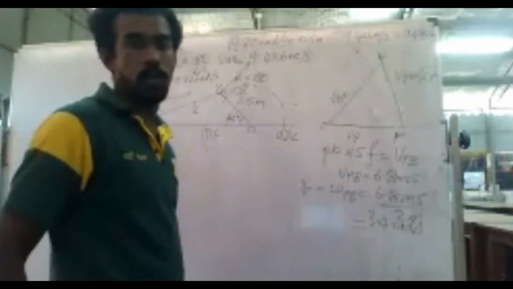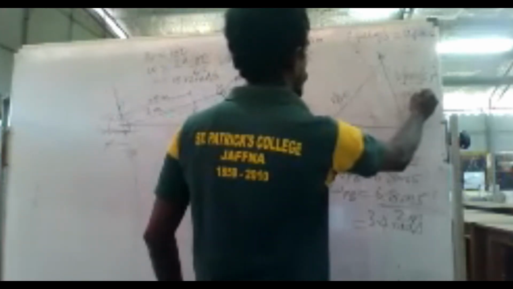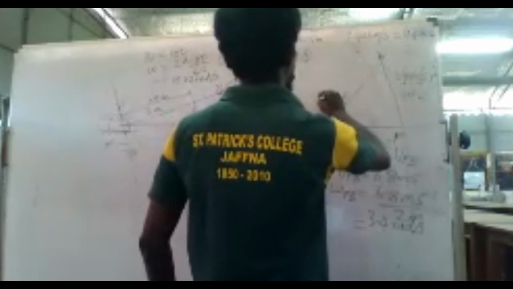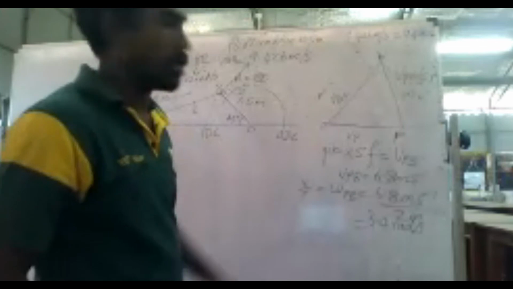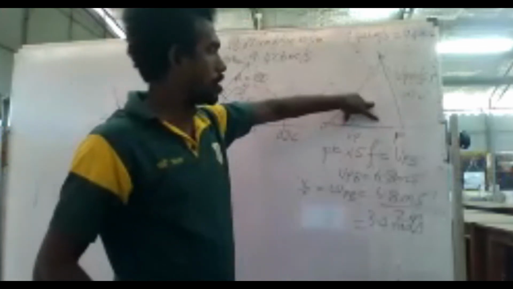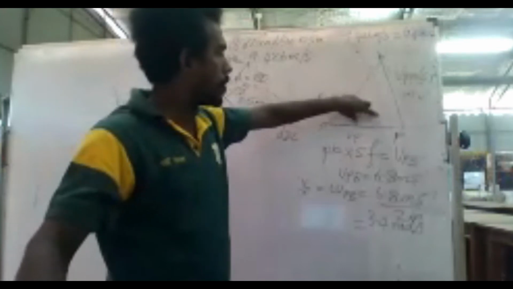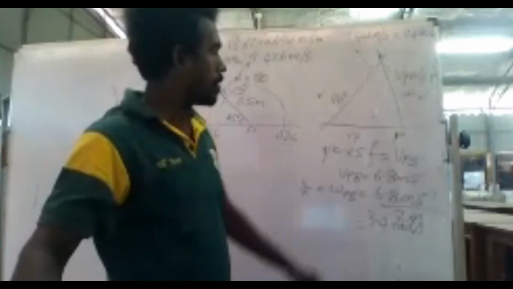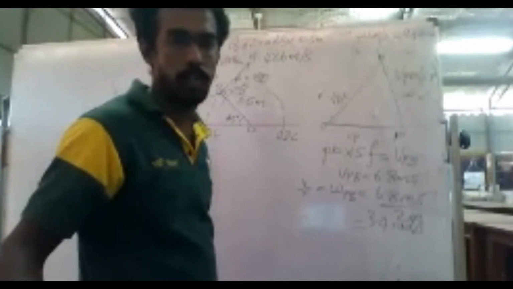So now I have found the angular velocity of PB, and this is known and this is known. You could measure this OP and find the velocity of this, do the same, divide it by the length, but that is not asked in the question, so we don't go for that.